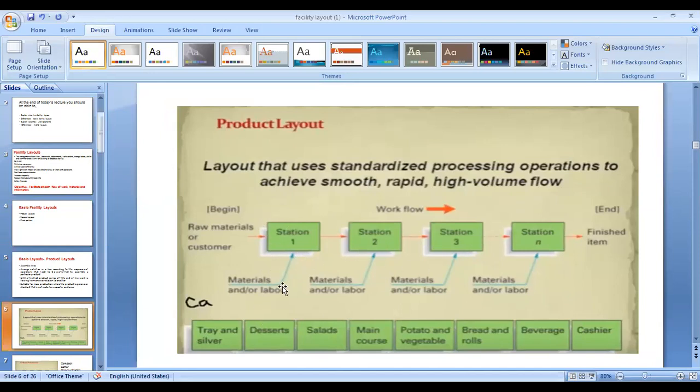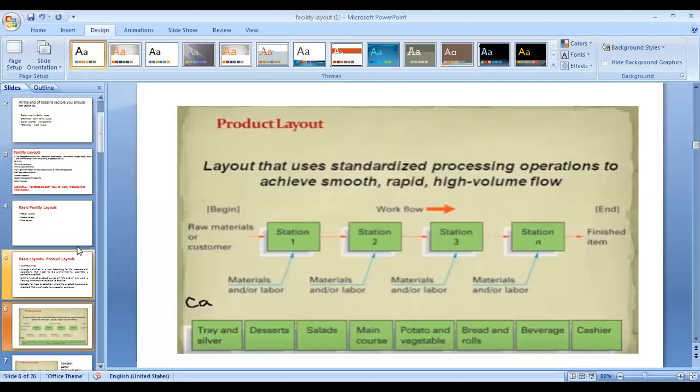There would be materials and labor for each and every workstation. Once you receive the raw material, it goes to workstation 1, then workstation 2, workstation 3. Likewise, if there are n workstations, the raw material has to go through all n workstations, and at the end of workstation n, you would be getting the expected output.